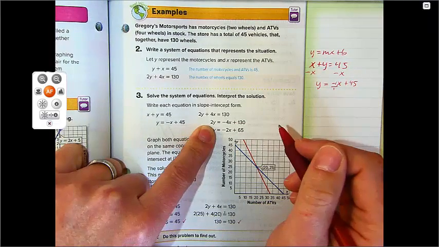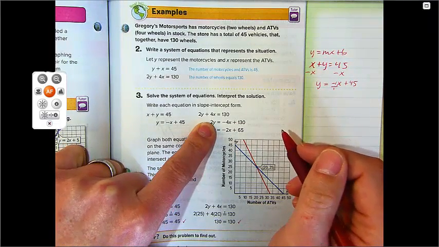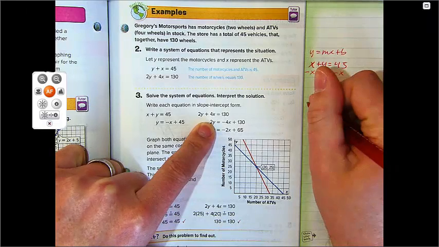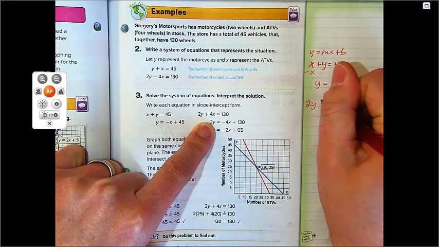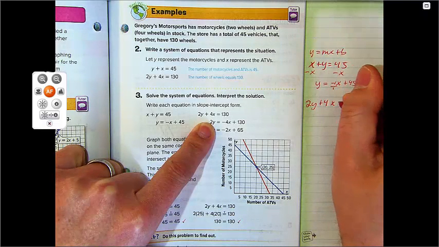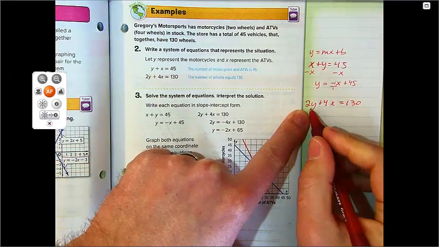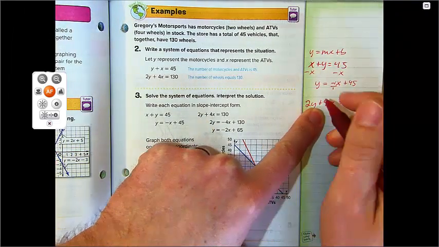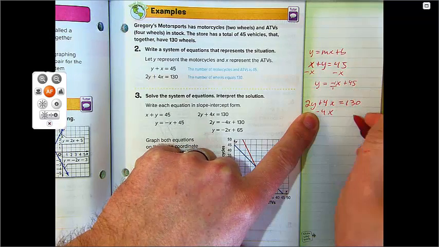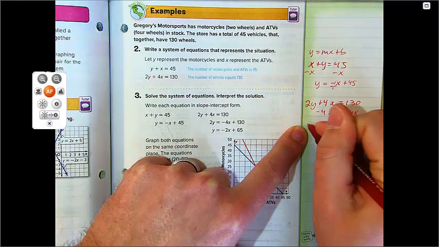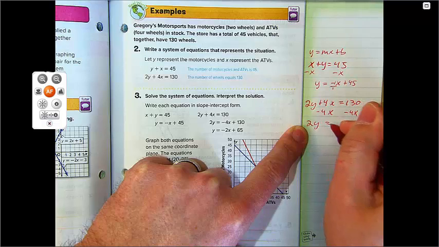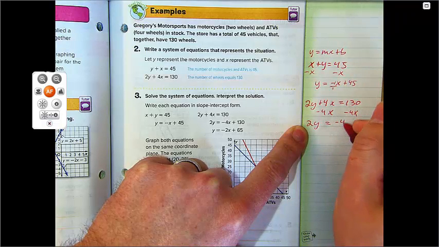Then our next equation, 2y plus 4x equals 130. Once again, that is not in y equals mx plus b form, so we have to write it down and figure out what we need to move. Here we have 2 y's and 4 x's, so I need to move my 4x over. That leaves me with 2y equals negative 4x plus 130.